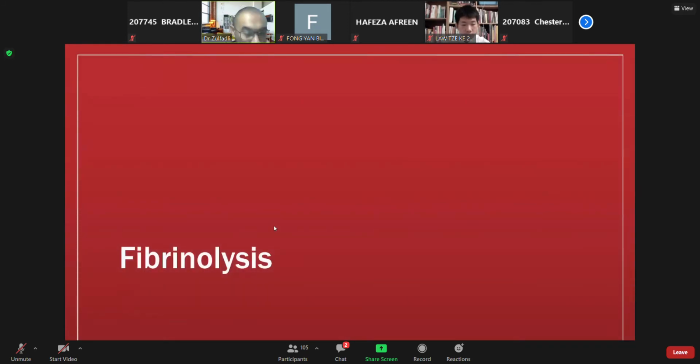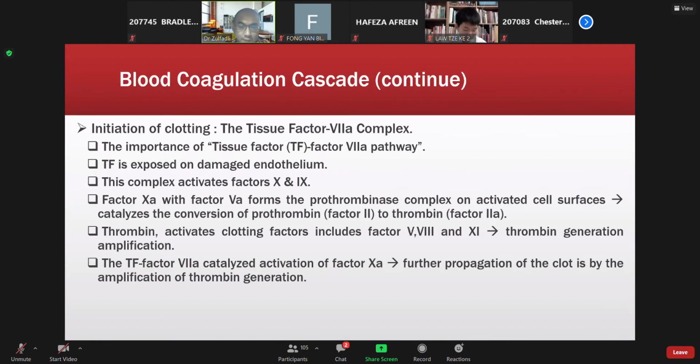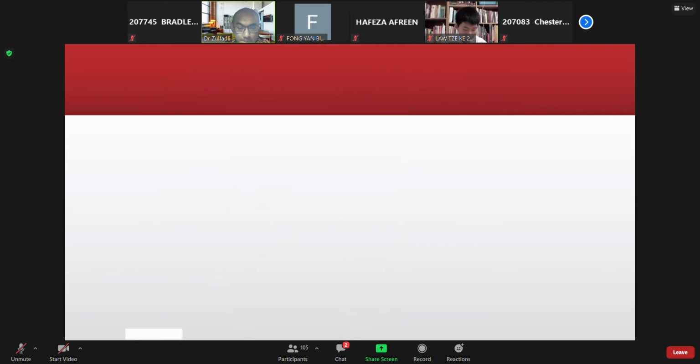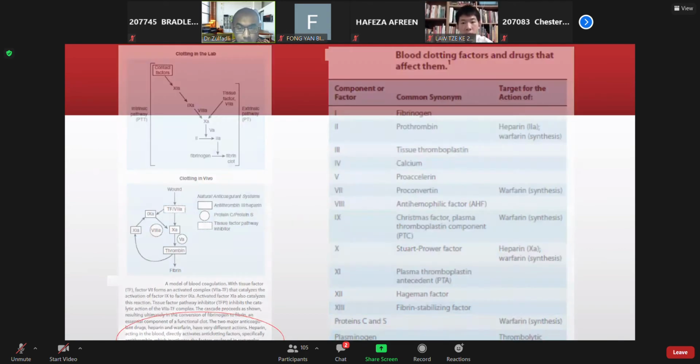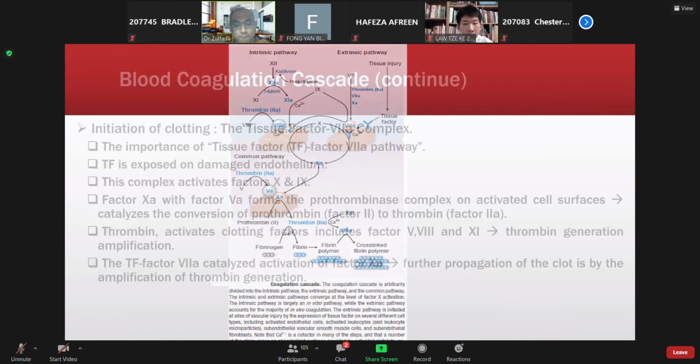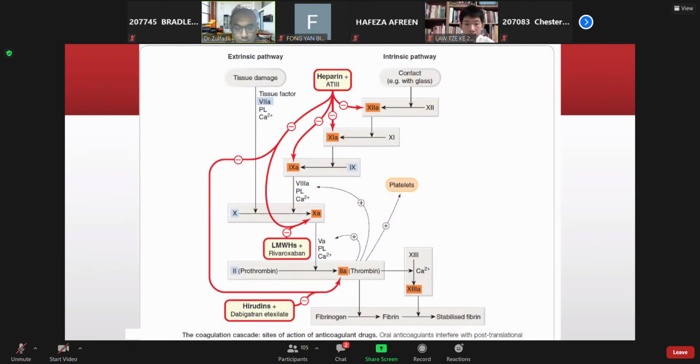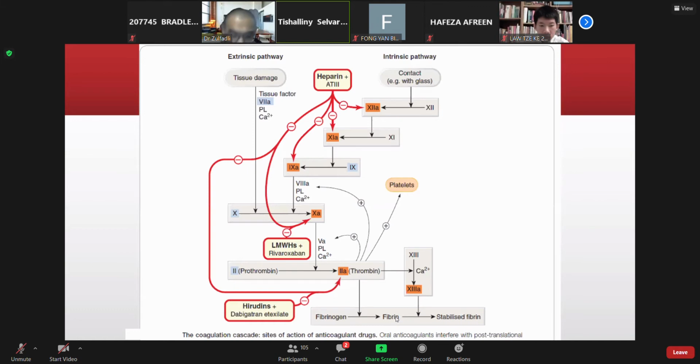Okay, what is fibrinolysis? At the end of the coagulation cascade is the formation of fibrin.